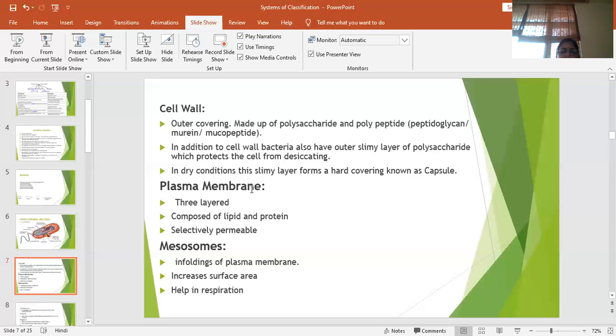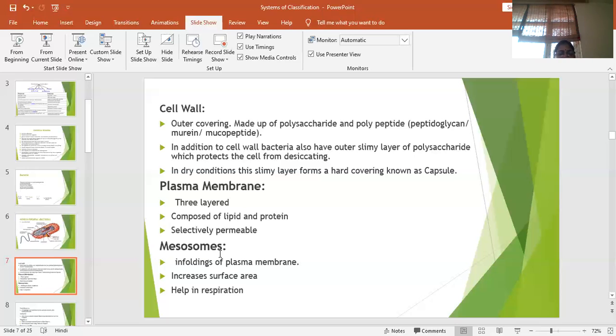So plasma membrane is made up of lipid and protein structure, and it is selectively permeable. Selectively permeable means it is semi-permeable. It allows only selected particles to cross through it. This plasma membrane is enfolded inside and is known as mesosomes.